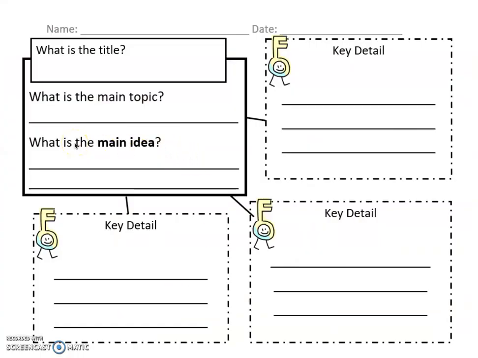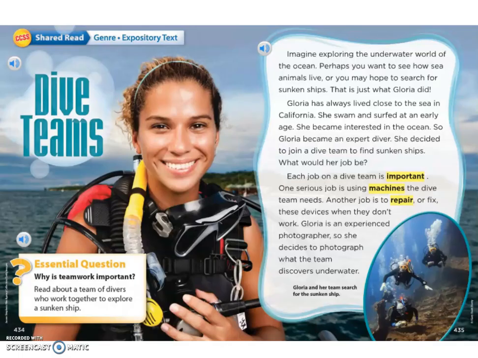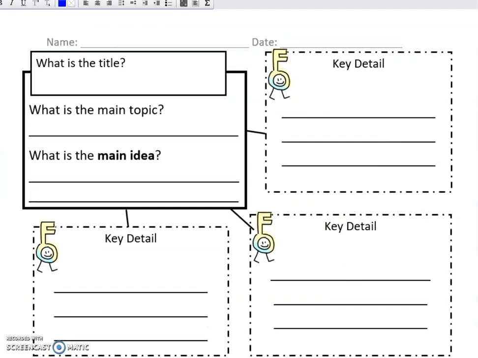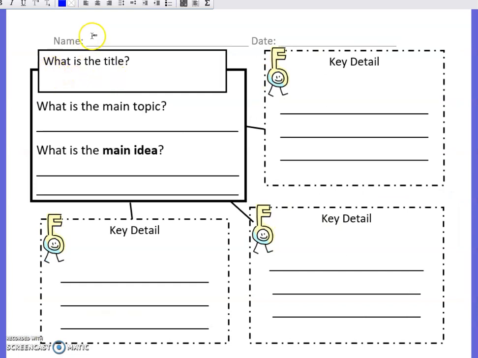We're going to read the text again. We know that our text is Dive Team, so this is our title that we're going to go ahead and put on our worksheet. Put my name up there. All right, and the title is Dive Teams. What was the topic? Can we state the topic already?